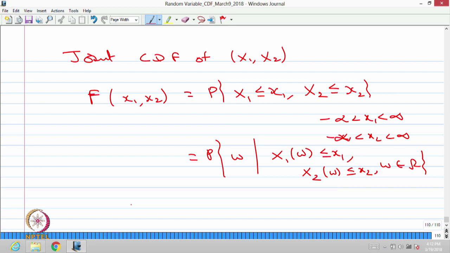The collection of w satisfying this condition, we can label as A suffix x1 comma x2. This is an event, because whenever you collect a few possible outcomes, that is nothing but an event. So the event A suffix x1 comma x2 is an event.